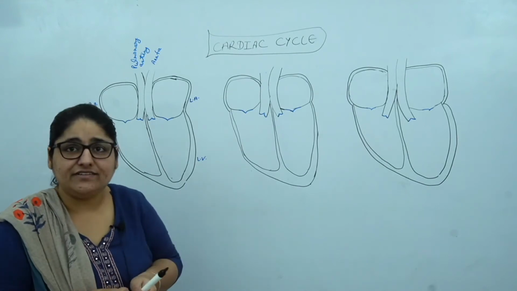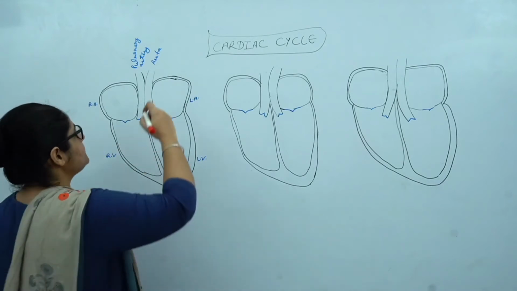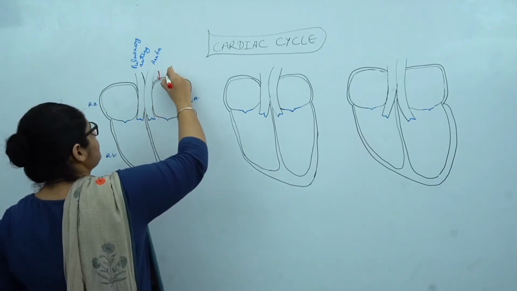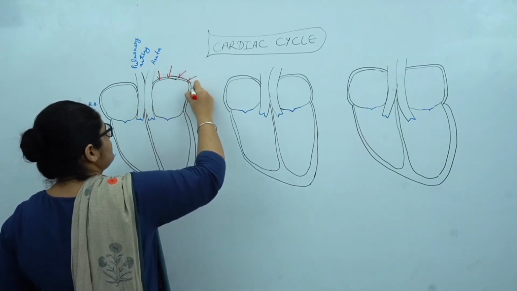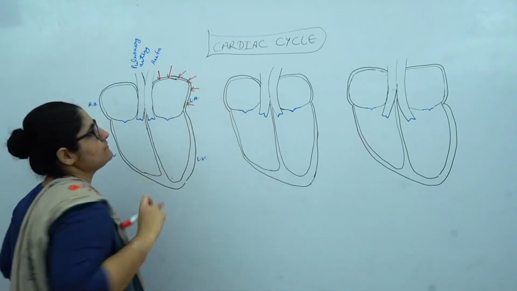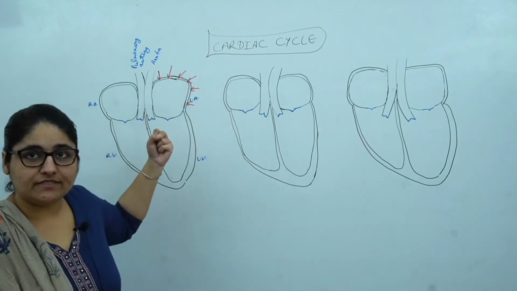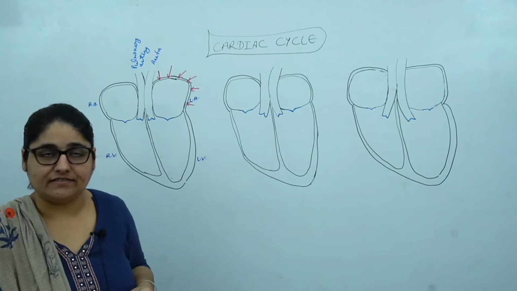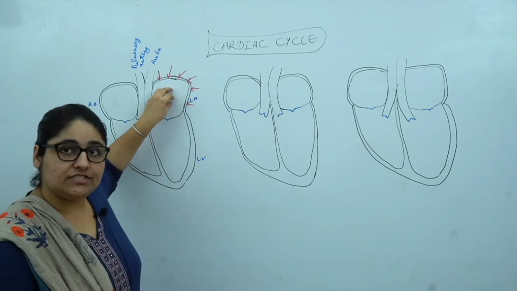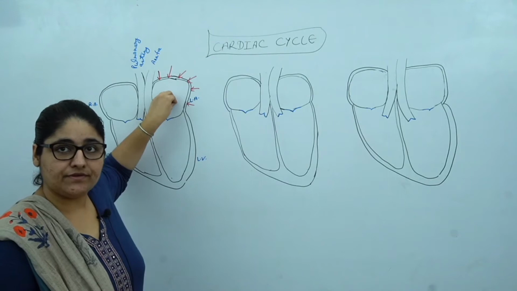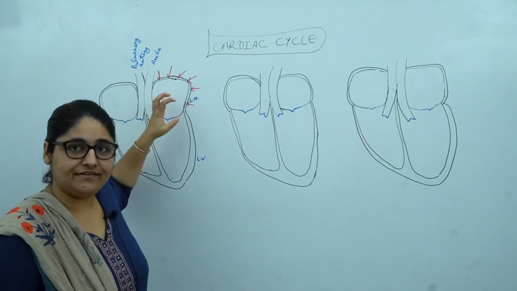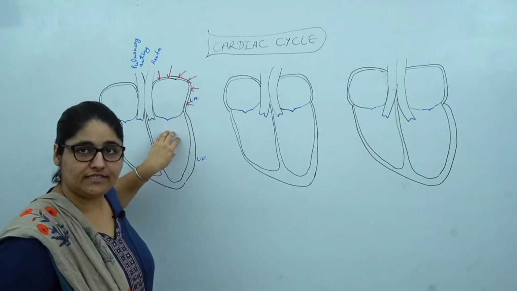So when the atrium starts contracting, the pressure in the atrium will be higher than the pressure in the ventricle.